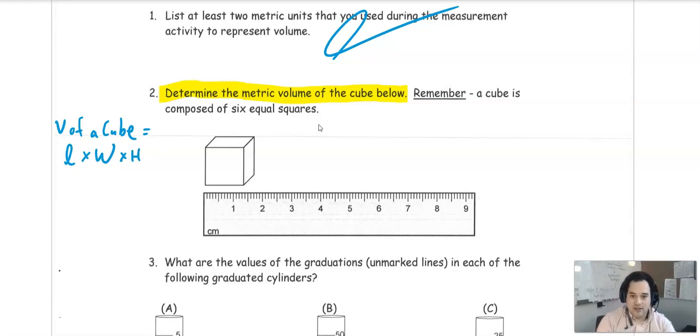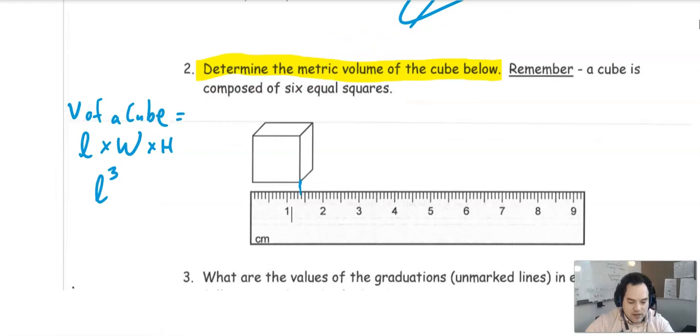Since the length is equal to the width is equal to the height, it's the length cubed, or the third power. So once we find out how long one side is, we can figure out every other side.